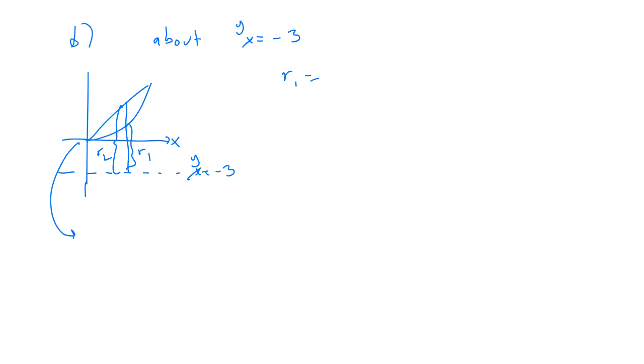Right. So the closer one is still x squared, but we've added 3. 2x is still the further one away, and we've added 3. We're still doing the region from 0 to 2, so the limits don't change.